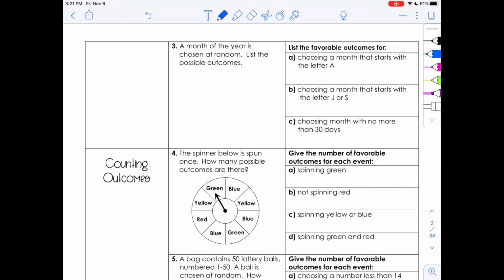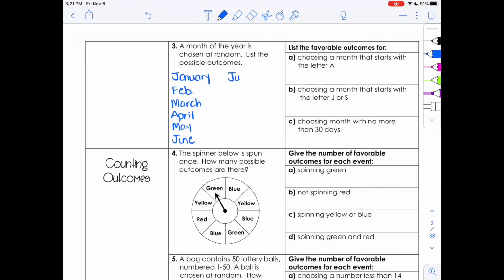So if you're to choose a month, you could choose January. You could choose February, March. Again, we're just choosing a month out of the year. You could choose April, May. You could choose June.